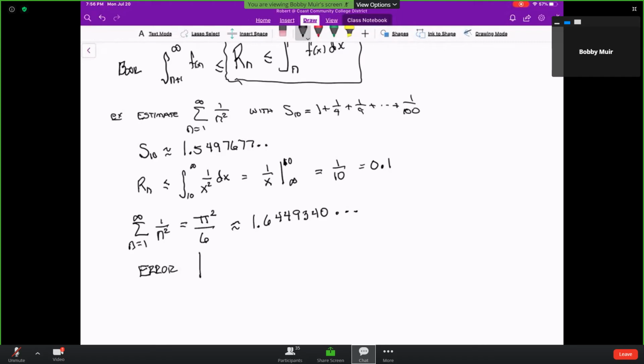If I look at the error in the actual sum, pi squared over 6, I take the two numbers and subtract them.